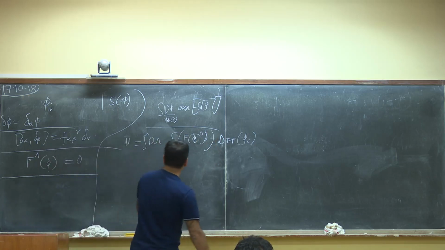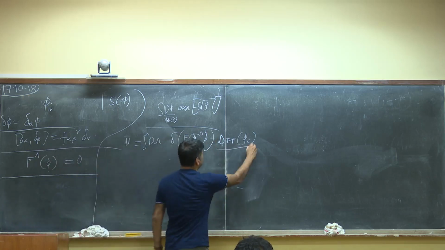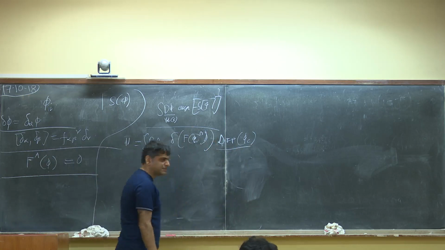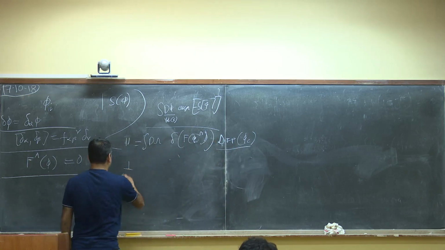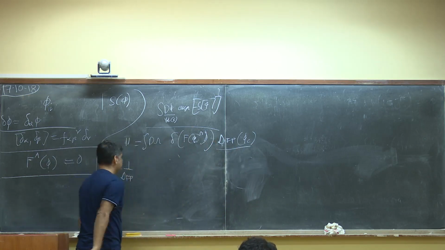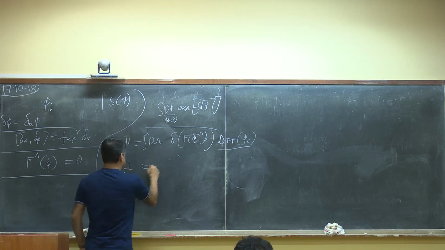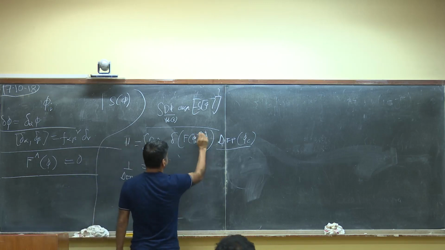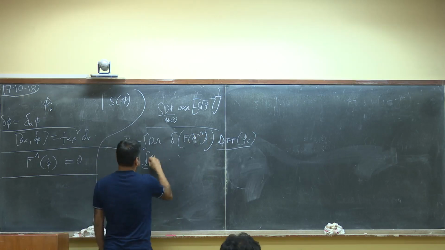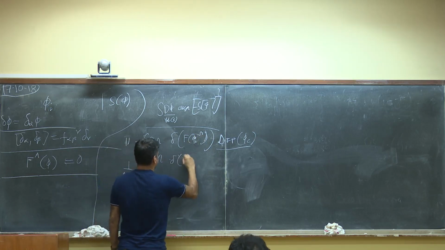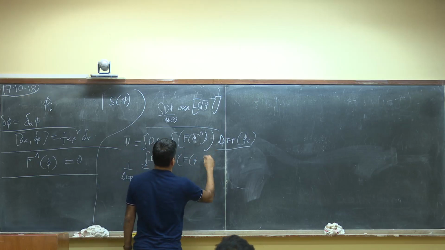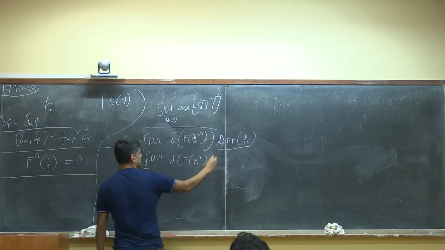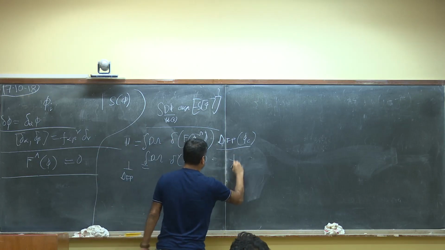Okay. And now, as before, we work out the expected value, so it follows the delta fp. Okay, so I should write two formulas here. First, the first formula was here, but then this is equal to the integral d omega delta of f of phi c omega, which is equal to 1 by delta fp.